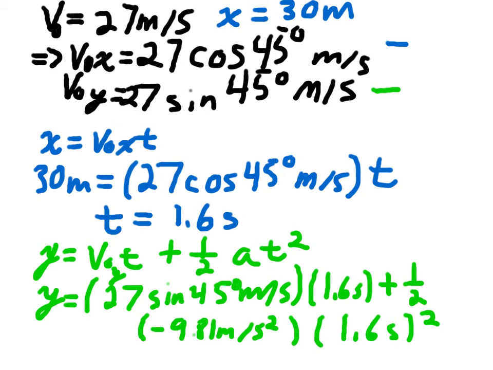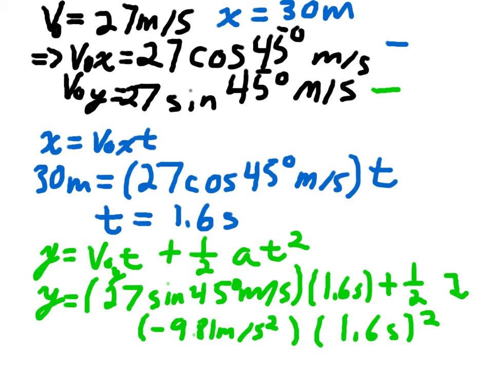Then I went over to y. Y equals V naught y t plus 1/2 a t squared. I don't have an initial y position, it's on the ground, and I told you to cleverly define the ground as 0. So, fill in the y equation, 27 sine 45 degrees meters per second, times 1.6 seconds, plus 1/2, and then I had to go down to the next line. Ran out of room.